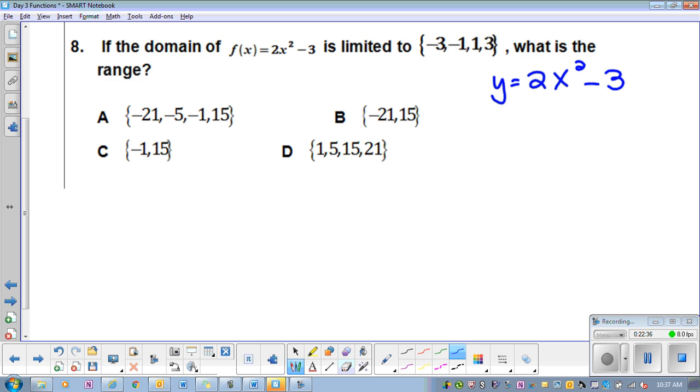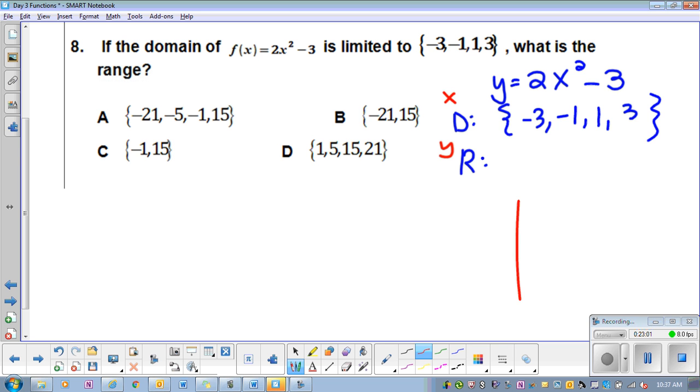If the domain is -3, -1, 1, and 3, what is the range? Well, domain is which values? X values. And the y is what values? Y. The range is y values, right?